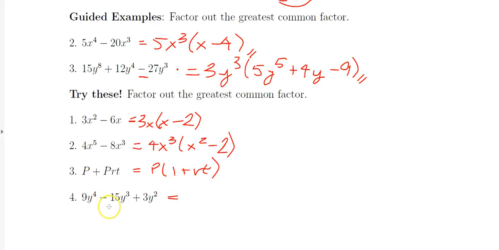And in the last problem, I see that 3y squared is a common factor, and that's multiplied by 3y squared to get 9y to the fourth, so that should be a square, and minus 5y plus 1, because the 1 times 3y squared gives me the 3y squared back.